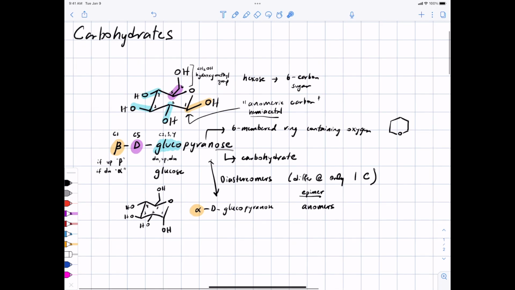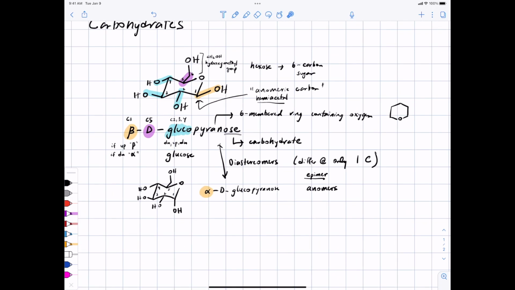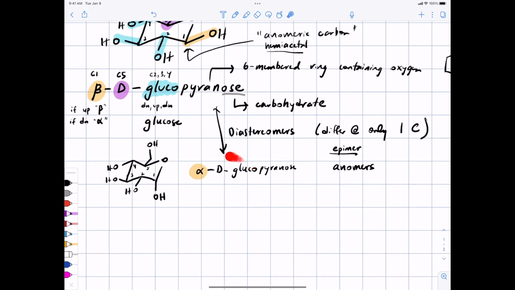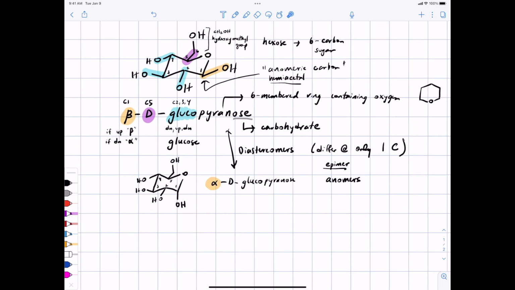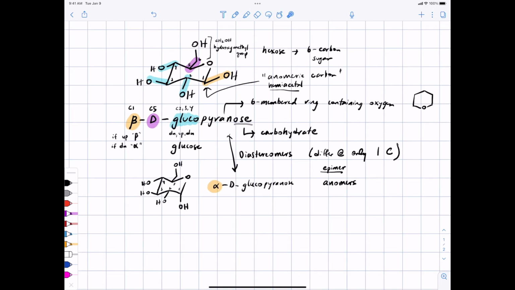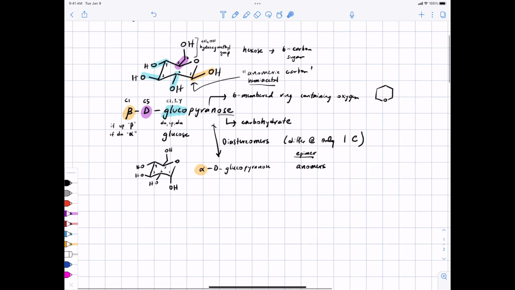So one thing I wanted to add is that it's easiest to memorize carbohydrates when you know what beta-D-glucopyranose looks like. We talked about the alpha anomer, which is where the OH group on the hemiacetal carbon is pointing down instead of up. Notice that in beta-D-glucopyranose, all the groups are equatorial, so that's easy.